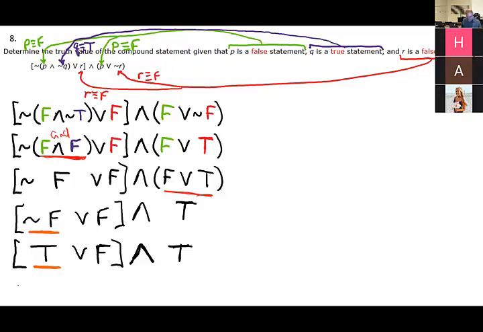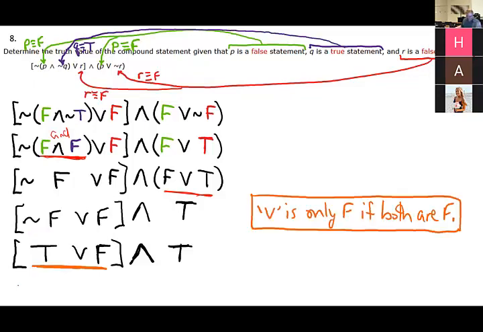So now we've got one set of brackets or parentheses left, and we've got to work inside of there. So the next thing I would do is look inside those brackets and realize that you're taking a true and you're ORing it with a false. And again, the memory aid for OR is it's only false if they're both false. Well, they're not both false. So since they're not both false, they must be true.